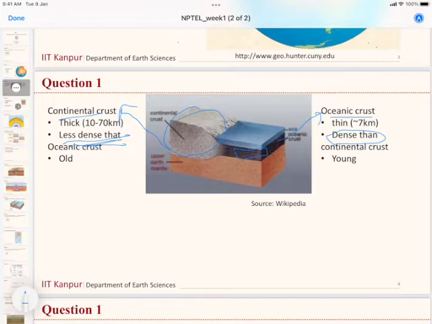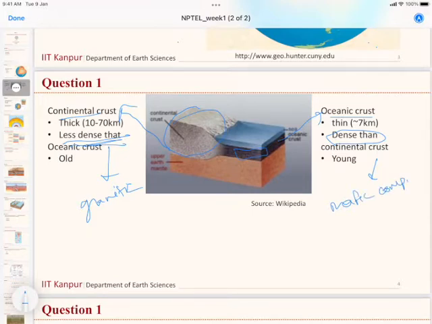Yes, correct. It is because of the composition. In continental crust we mainly have granitic rock, and for the oceanic crust we mainly have mafic composition.